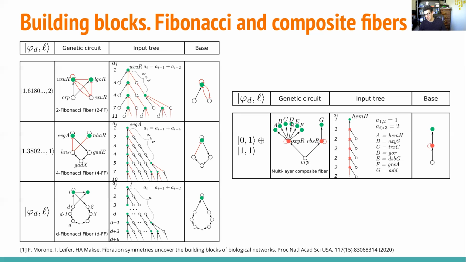If we look at the input tree here, it is a combination of two input trees. The first part looks like 0, 1, and the second part looks like 1, 1. We say that this building block is a composite building block, called 0, 1 plus 1, 1.